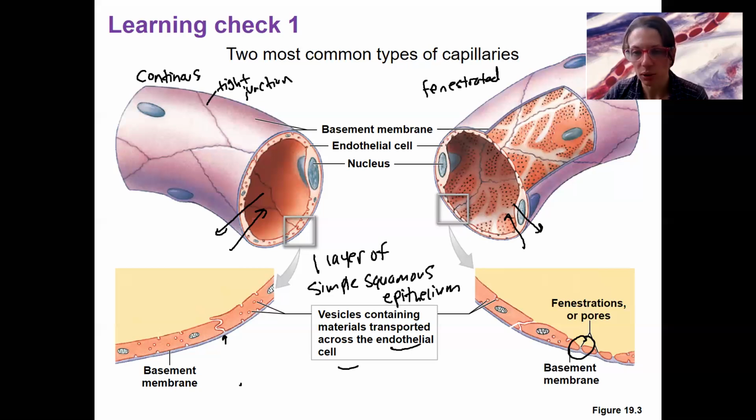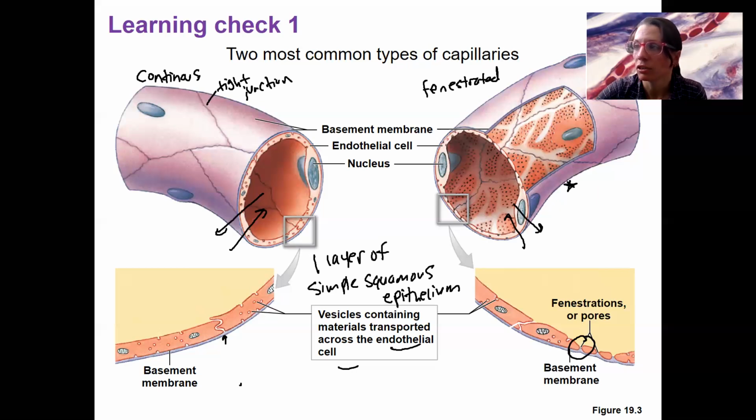Remember, one place that these are located is in the anterior pituitary, where we have that portal system where we have peptides. If you want a large amount of peptide hormones, that sometimes are pretty big. CRH, it's not just 9 amino acids, it's a pretty big protein, actually folds. You need to have some space for that to be able to exit. So these capillaries, fenestrated, are more permeable than continuous.